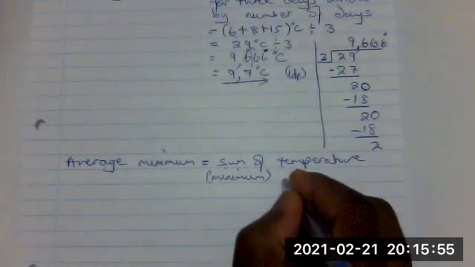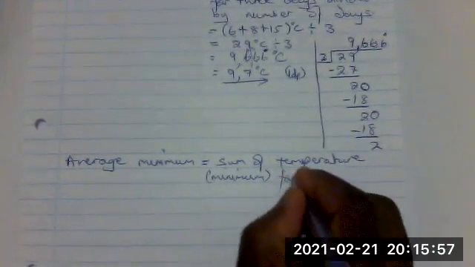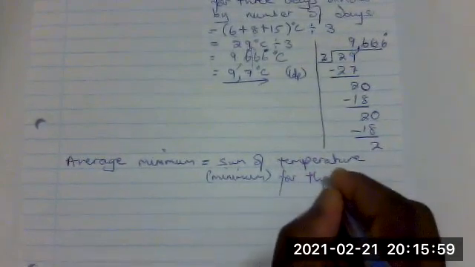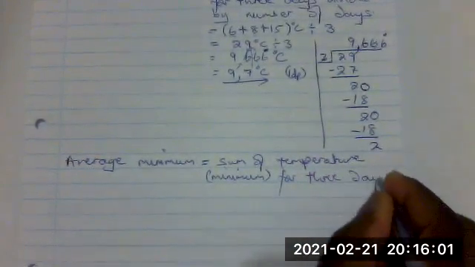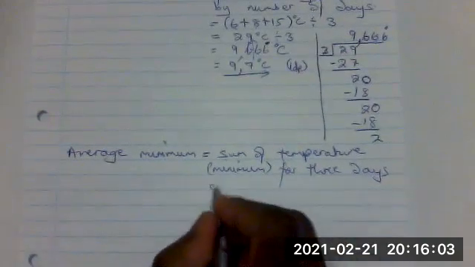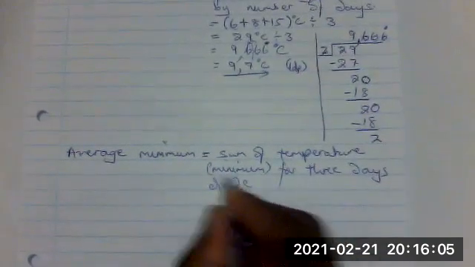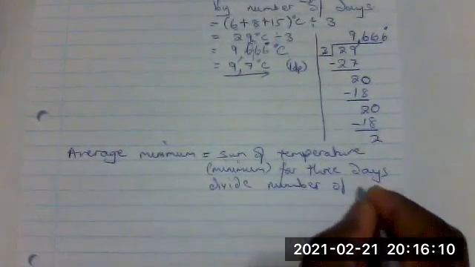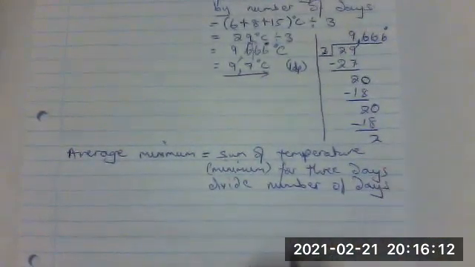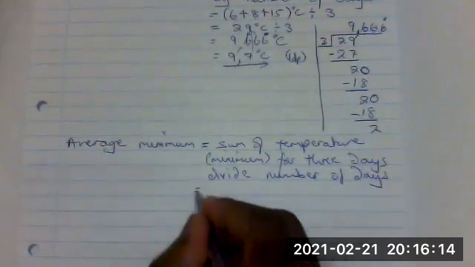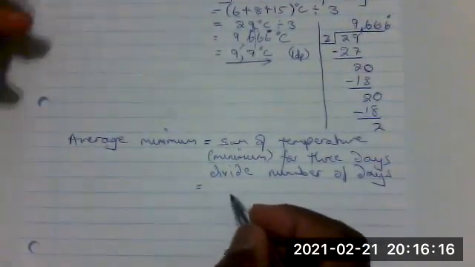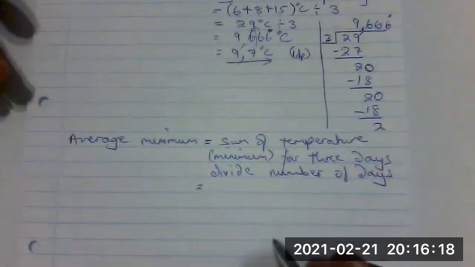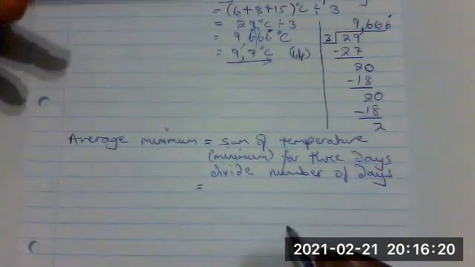Then we divide by what? For 3 days. Then we divide by the number of days. Right? So it means we are to find the sum of minimum temperature for 3 days. Then we divide by the number of days.